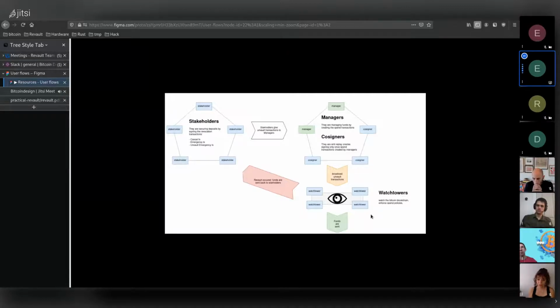The idea of the watchtower is the stakeholders just want to secure the funds. He pre-signs the transactions, but he doesn't want to watch the blockchain every day or every hour like crazy. Like, wow, I hope my managers are not doing something bad with my money.